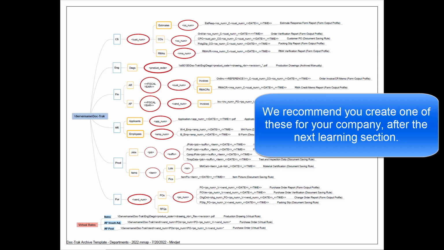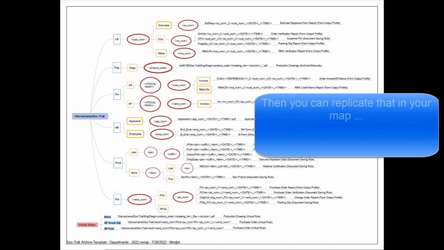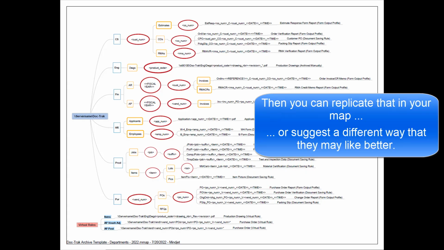While you're putting it together, it's not a bad idea to get some input from some of the key stakeholders at your company. For example, you'll probably want to see how the paper or electronic files for their department are organized now. Then you can either replicate that in your map or suggest a different way that they may like better.